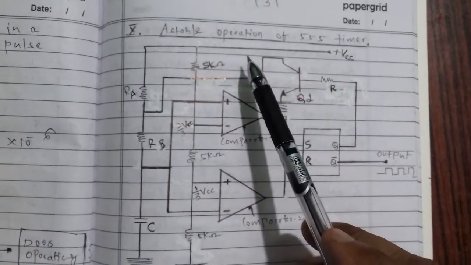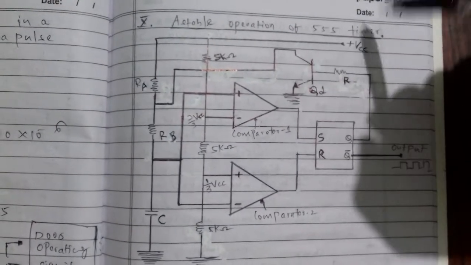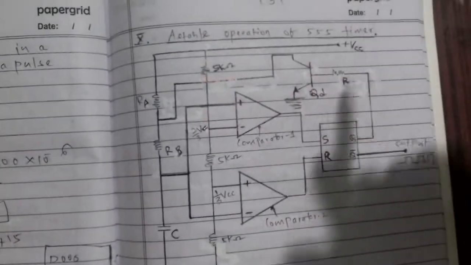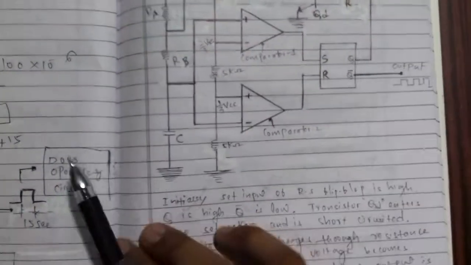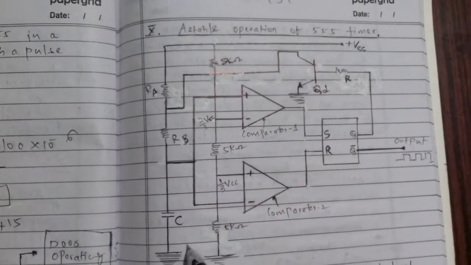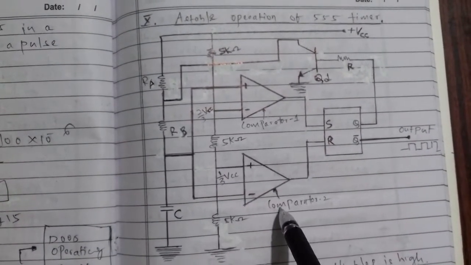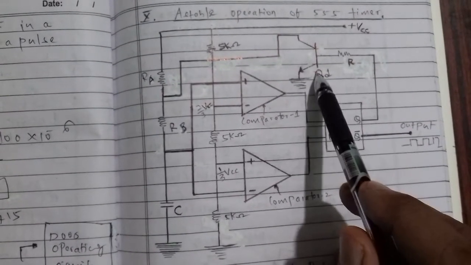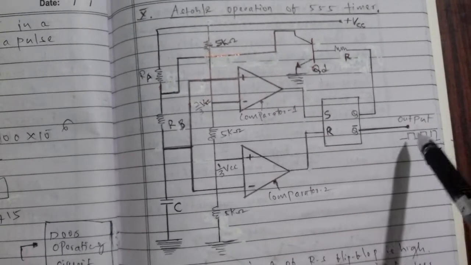Astable operation of the 555 timer. The internal blocks are comparator 1, comparator 2, the transistor QD, and the RS flip flop with set input, reset input and Q bar.